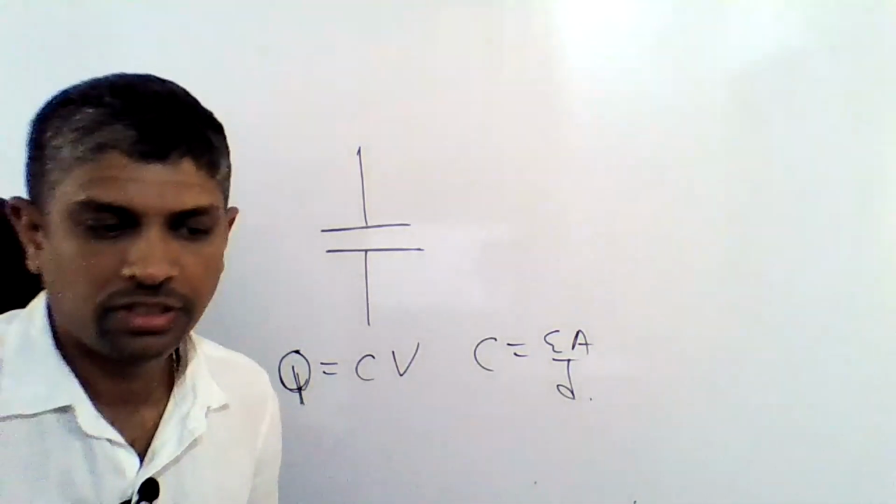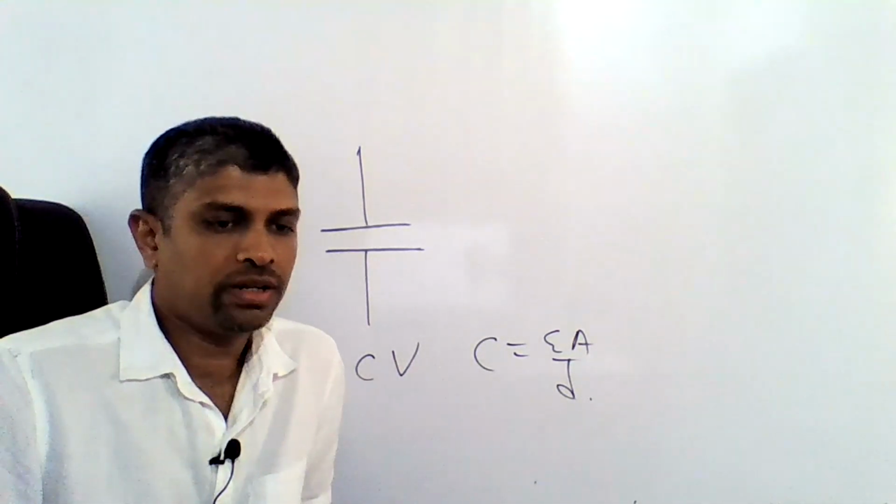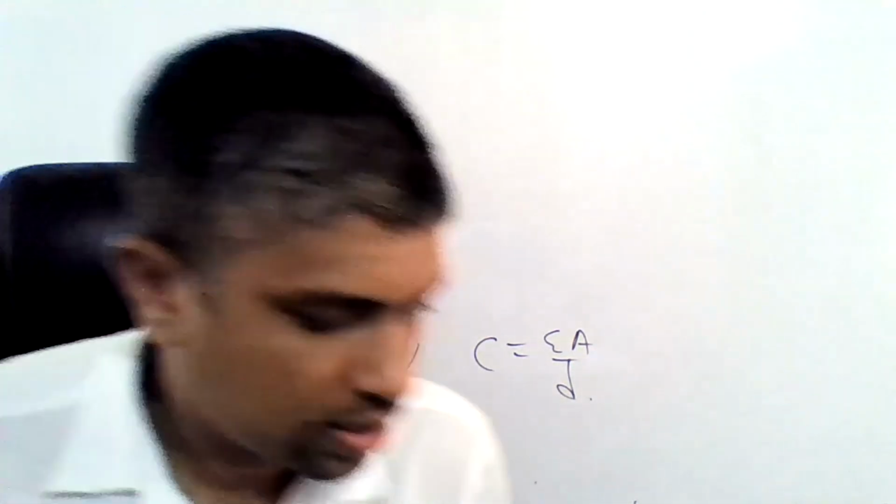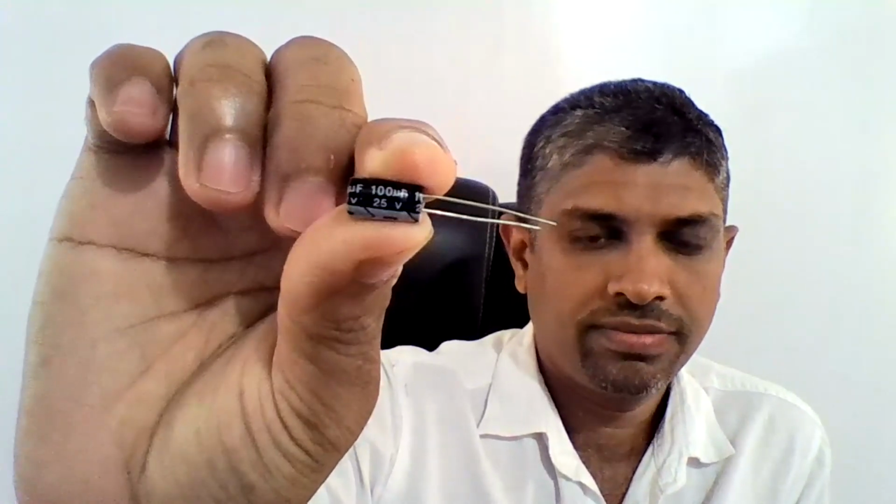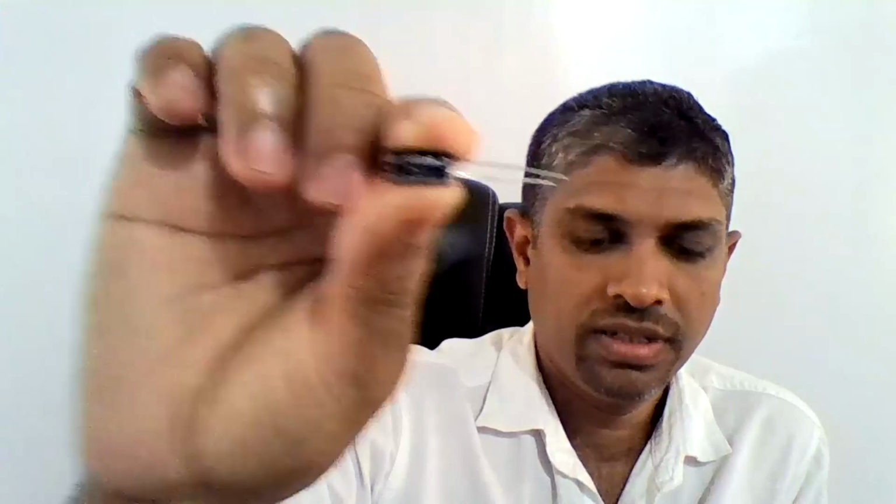So in your package, you can find several types of capacitors. There may be a capacitor like this, or maybe this black color. You can see that this is a 100 microfarad capacitor.